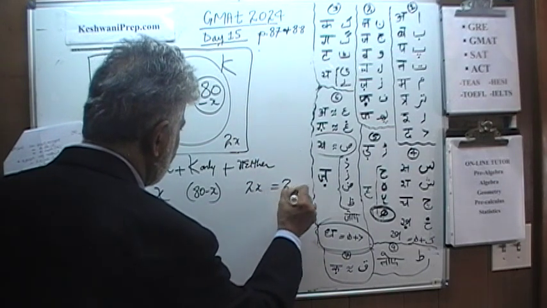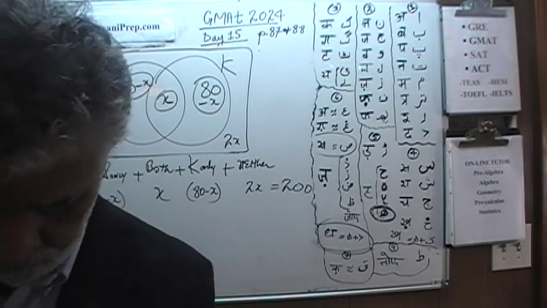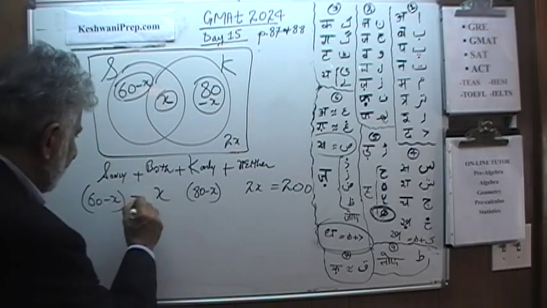It all has to add up to 200. It's a very straightforward, very simple linear equation, obviously. Add them up and see what happens.